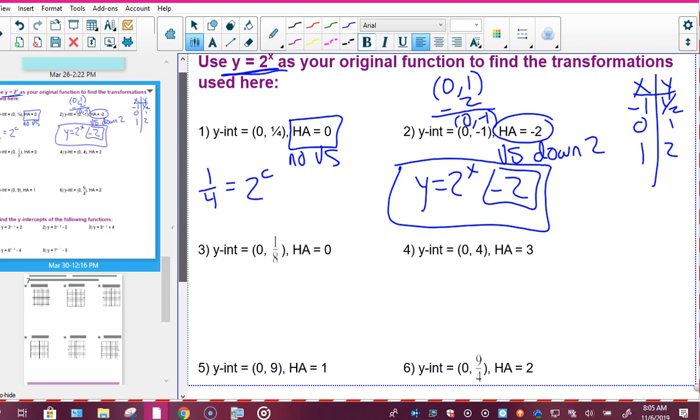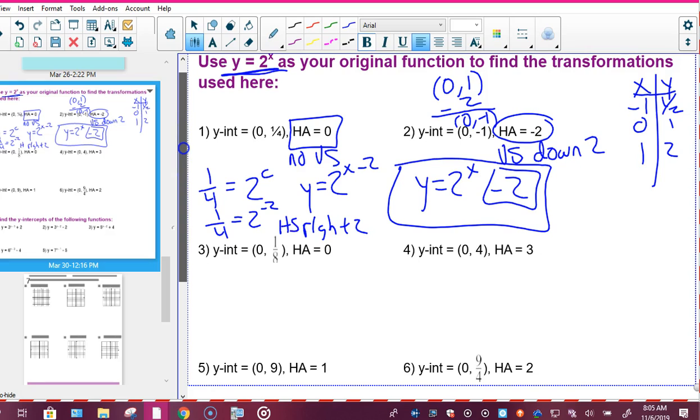What could I put in for C to make this 1/4? -2. If I put 2 to the -2, that would give me 1/4. So this function would look like y equals 2 to the x minus 2, which means this was moved right 2. Be very careful: even though it says the negative, you're really still moving right.